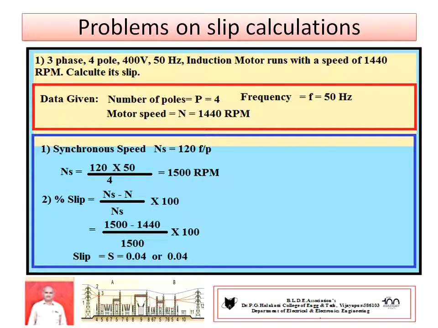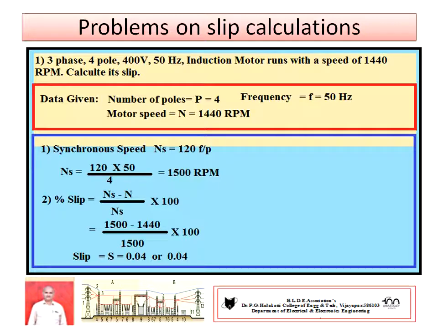So, next we have to solve simple problems on slip calculations. Just 2 steps and you are going to gain 6 marks. A 3-phase 4-pole 400 volts 50 Hz induction motor runs with a speed of 1440 rpm. Calculate its slip. First, try to observe the data and write down the given data at one side.